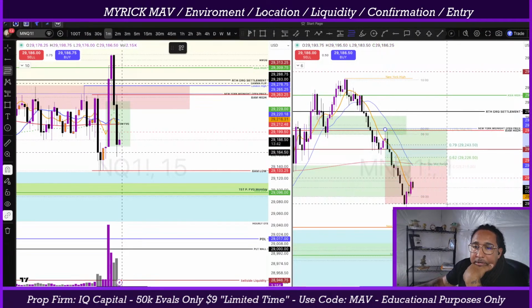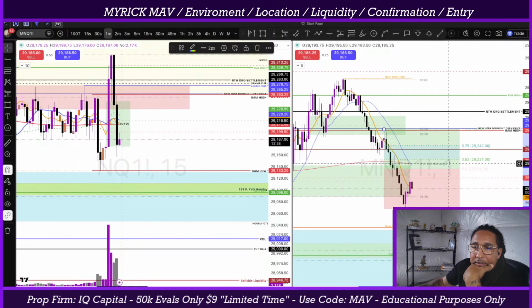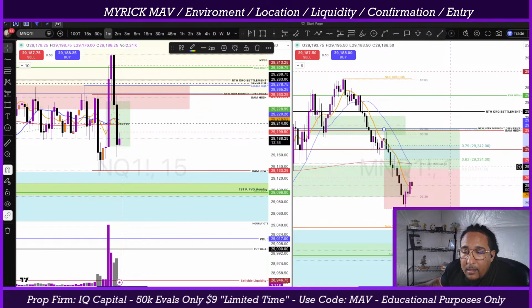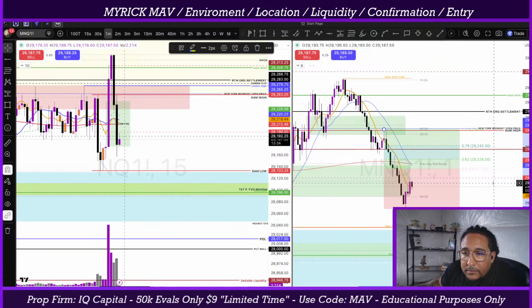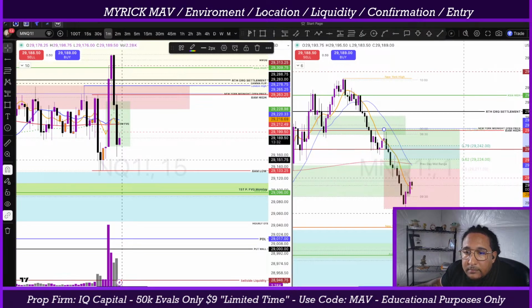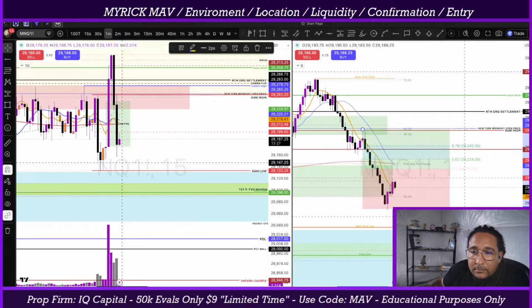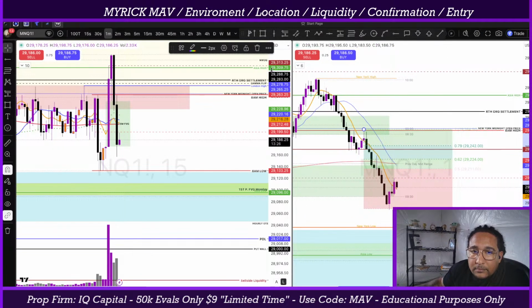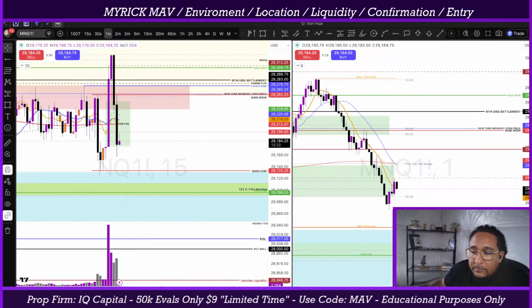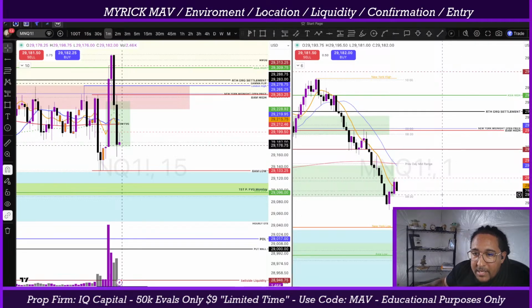Just gonna measure it out here. We're in discount of this leg. We did hit 930.